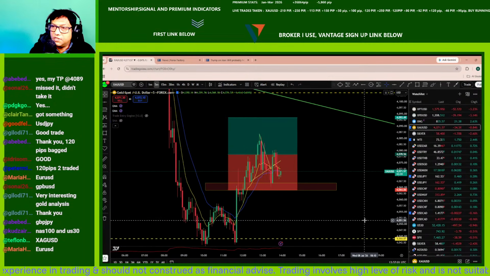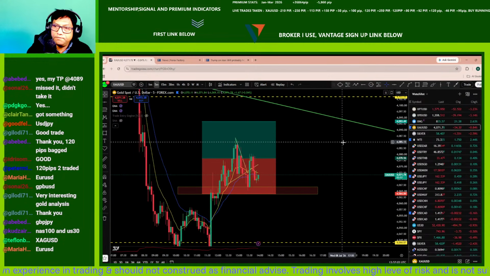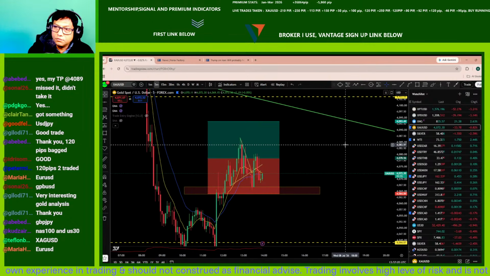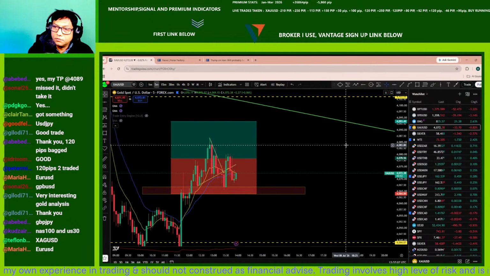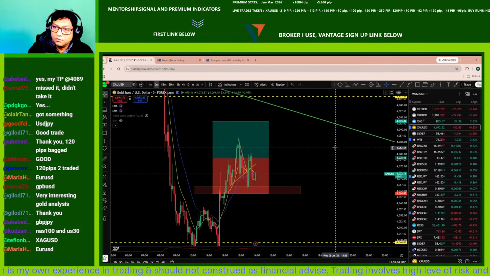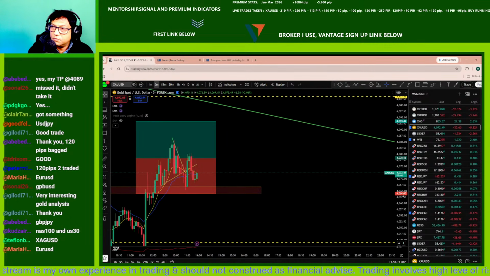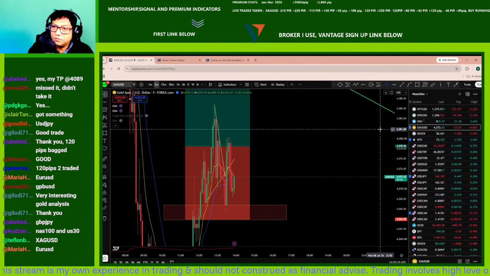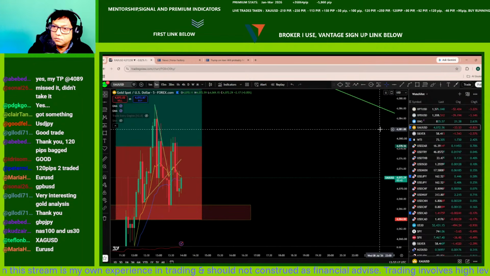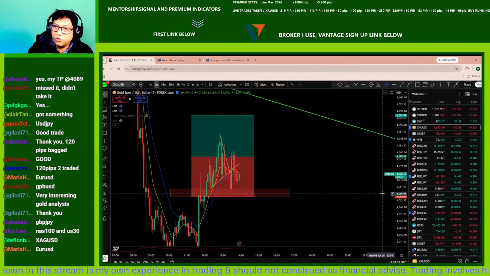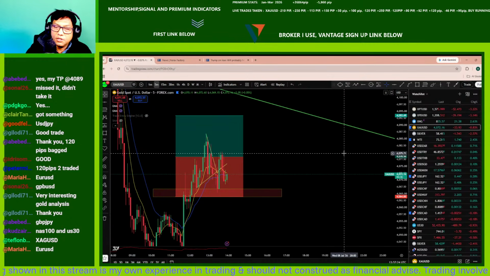So we might see some upside here at the moment. And before the candle close, it is important to see how the market is closing.